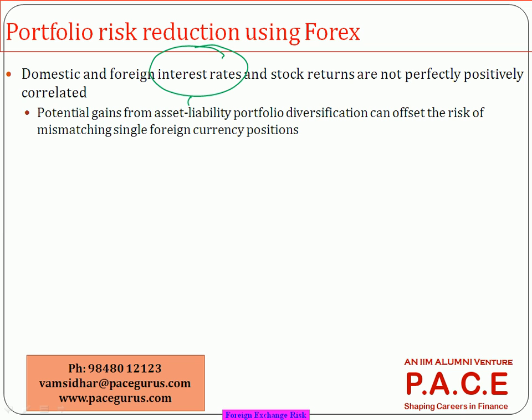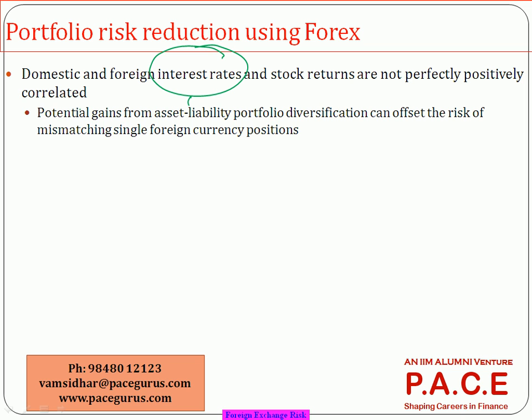So because of the non-perfect correlation that exists between the domestic and the foreign interest rate markets, between the domestic and the foreign stock markets, it is advised that you diversify your entire portfolio by maintaining some international portfolios, right?